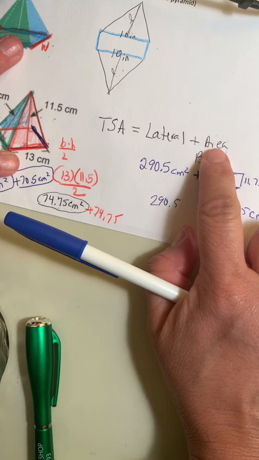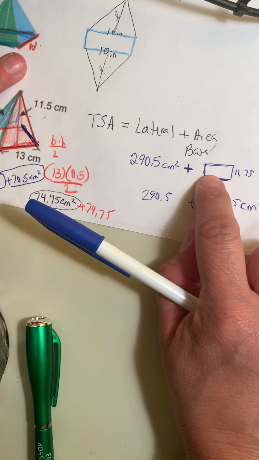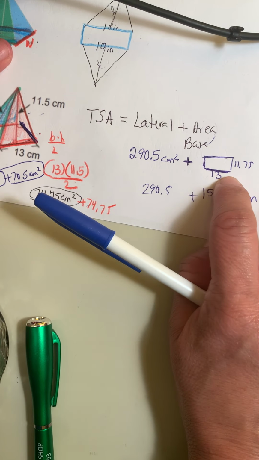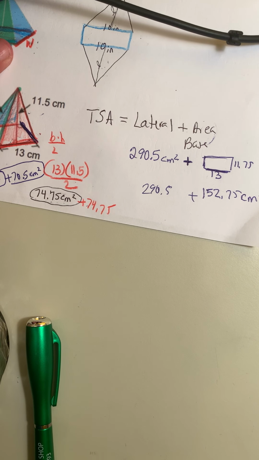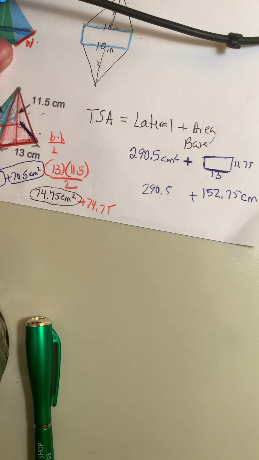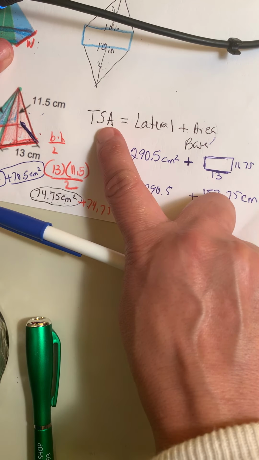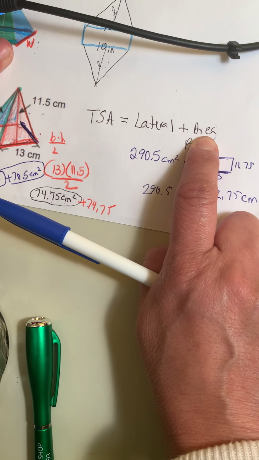So the area of the base, this base is a rectangle. I drew it here, 13 by 11.75. You multiply it, and you should have gotten, I'm going to multiply it again, make sure I didn't make a mistake, 152.75 for the area of the base. Total surface area is lateral area plus the area of the base.